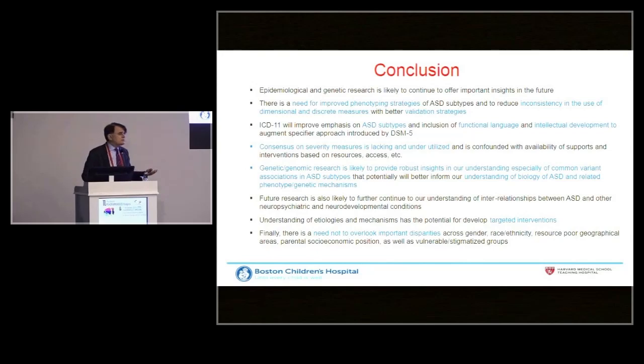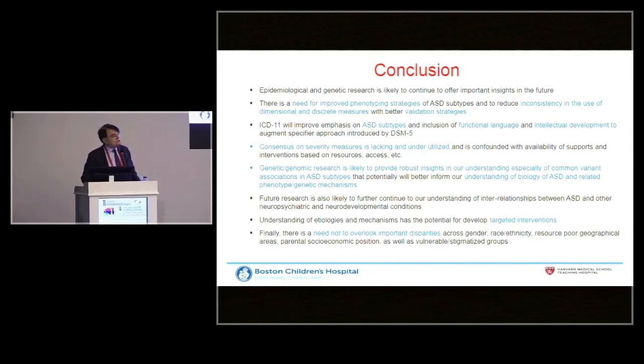It's like a puzzle, and we are learning more and more from these very large-scale studies, because the variants are very common in typical people as well as people with autism, so we need very large-scale studies to make these determinations. Future research is likely to further our understanding of the interrelationships between autism spectrum disorder and other neuropsychiatric and neurodevelopmental conditions, including schizophrenia.